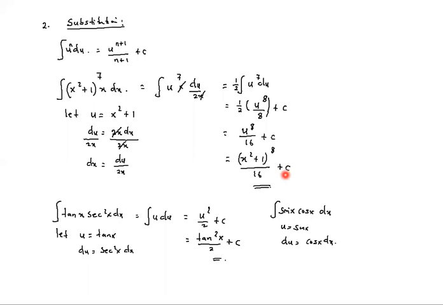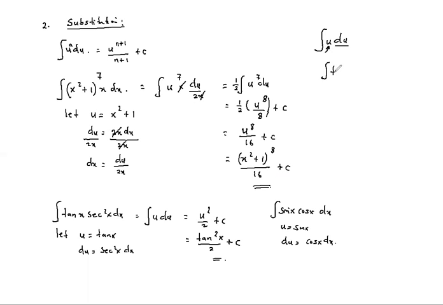Then for the sine and cos, how do you know which one makes u? The one which is the derivative of the other becomes du. What du means is, when you say u and du, you mean this function, its derivative is this one.